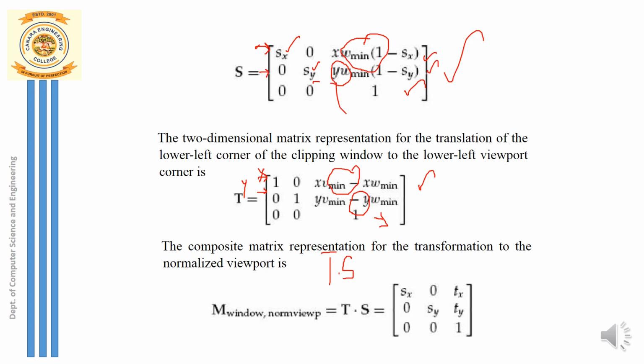You take the scaling matrix, multiplied by the translation matrix, and the resultant you get is in this format: sx along x, 0, and a translation factor along x. The second row indicates y, with its translation factor, a displacement factor. And the third row is 0 0 1. So this is the general matrix format to perform the transformation from the window to the normalized viewport.